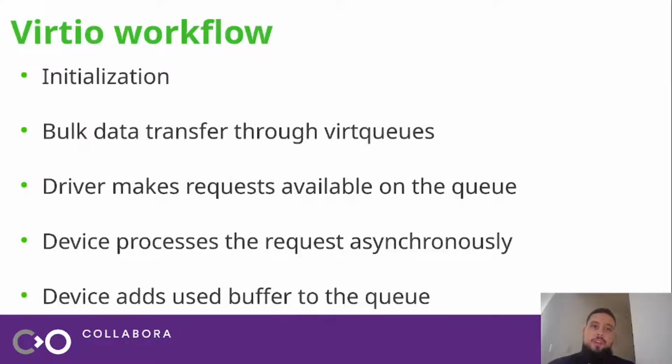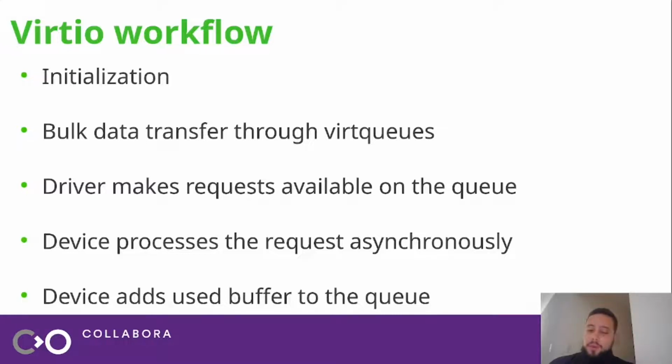With that said, we can talk a little bit about the Virtio workflow. There's a lengthy initialization step that we don't really have to get into for the purposes of this presentation, but know that it's very important. There's some sort of negotiation mechanism. There are feature bits which enable driver and device to negotiate on what kind of features they both mutually support.